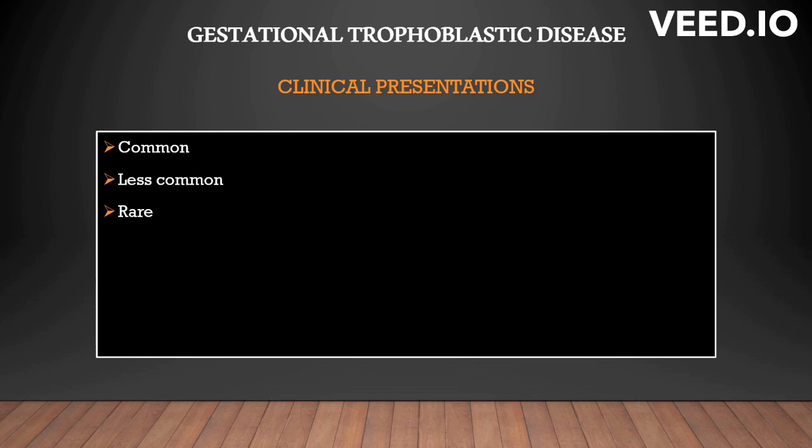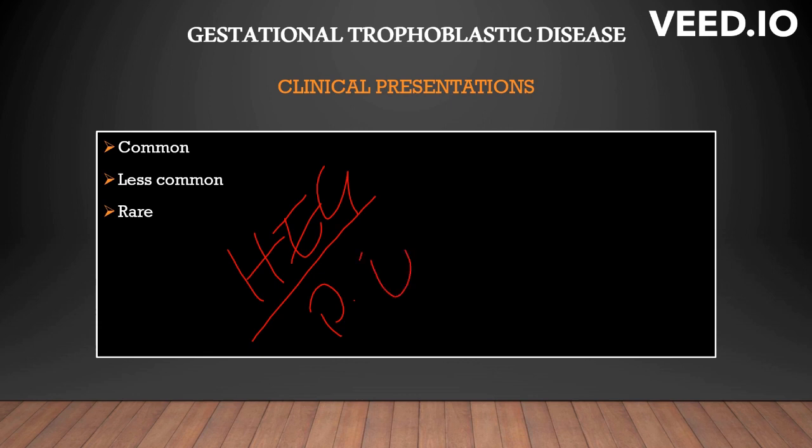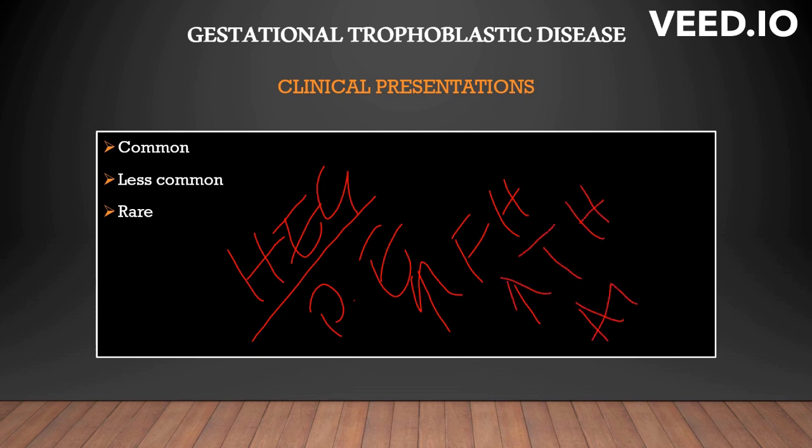The less common presentations are hyperemesis gravidarum, right? Early onset preeclampsia, excessive fundal height, hyperthyroidism, anemia. These are the less common presentations in gestational trophoblastic disease.